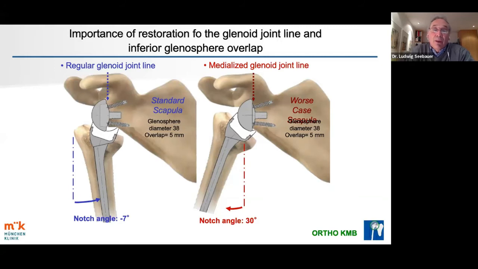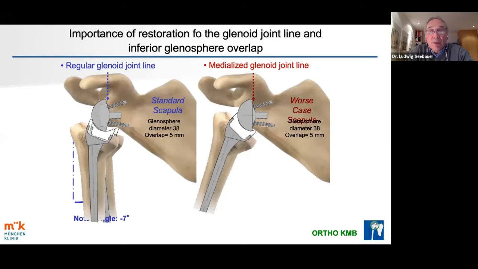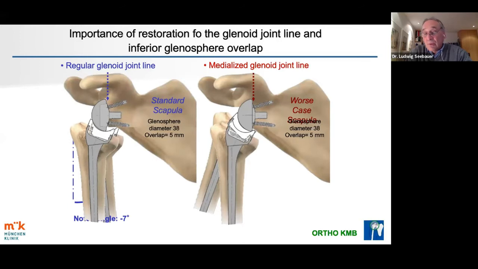Inferior overlap gives you a better range of motion, and it also gives you more stability. If you have a long neck scapula, with no medial erosion, then you can do an adduction and you don't have a gapping of your prosthesis. If you have a short neck scapula and you do the full adduction, then the prosthesis will open, it will gap.